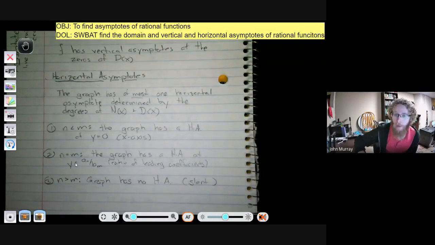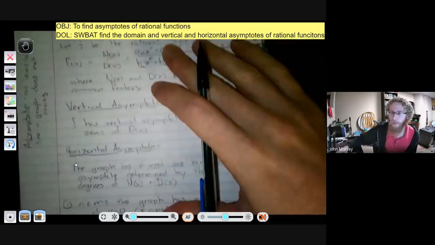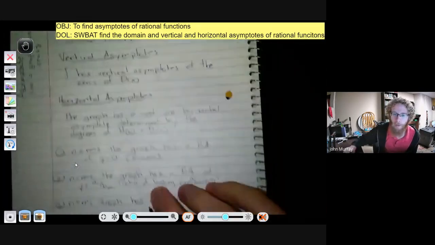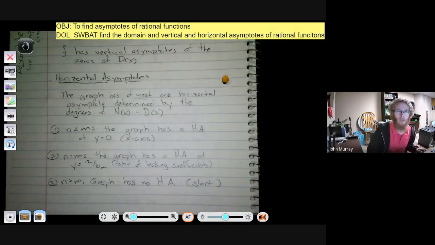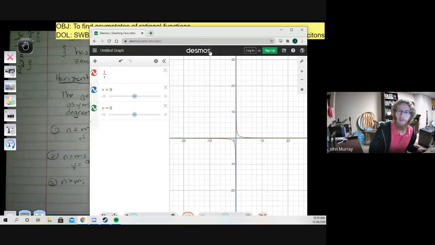So again, not very much math involved. You're just looking at the two leading numbers, and whatever that may be, that is our horizontal asymptote. Let me type in an equation where that might happen.